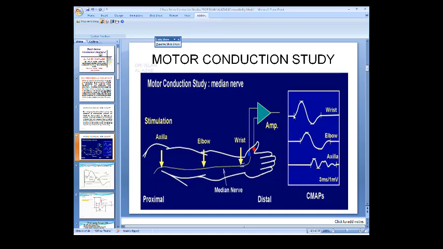The wrist is the shortest, and the elbow is higher, and the highest is at the axilla. And this means the difference in the distance between the stimulation and recording.